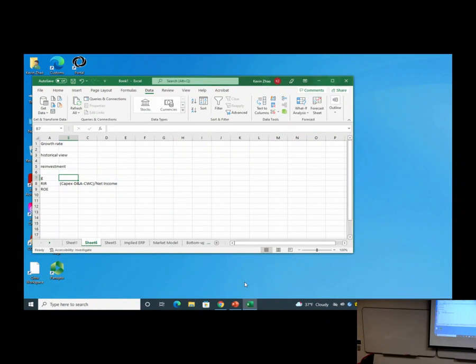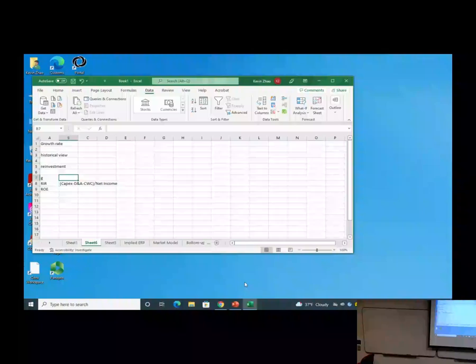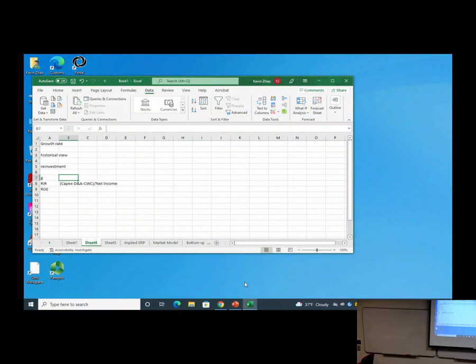What else? Growth rates. Growth rates are a very sensitive factor. Yeah, that will lead to a big swing in the stock price. Right. If you do a two-stage model, then what do you think? The next 5 years are going to have this much growth rate. Yes.